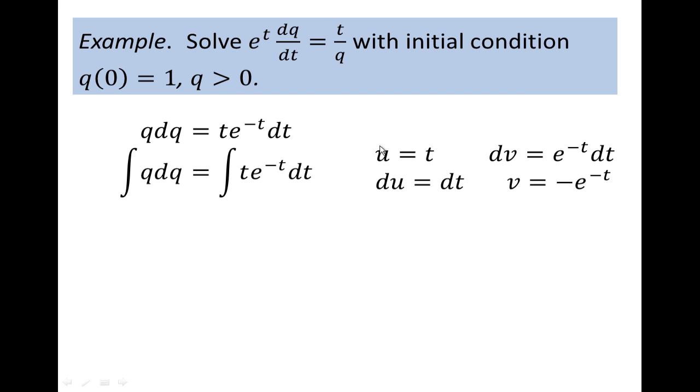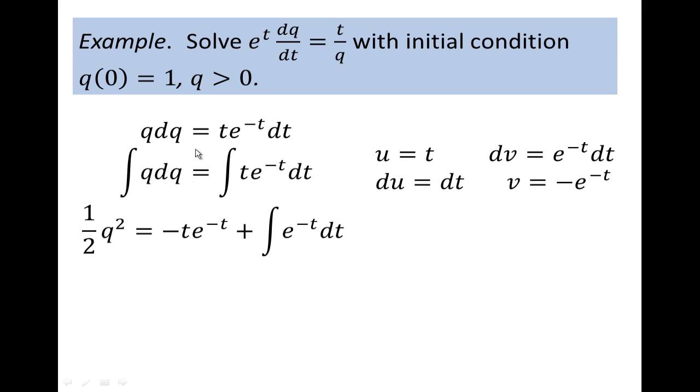So u is going to be t. Everything else, e to the negative t dt, will be dv. Find the antiderivative of dv to get v is the opposite of e to the negative t. Take the derivative of u, and we get du equals dt. We'll substitute those in.